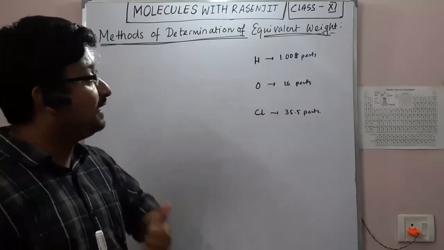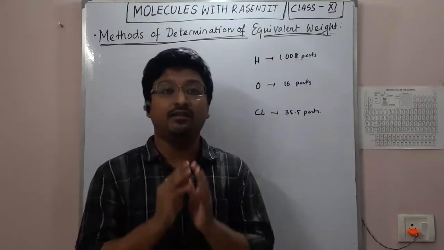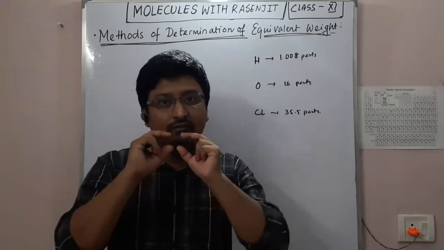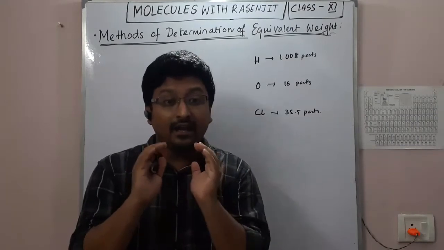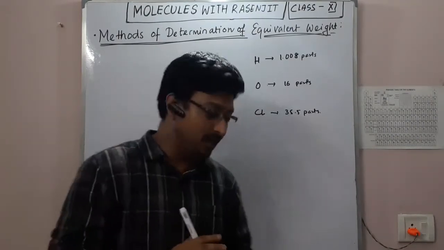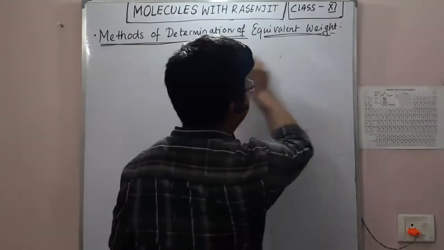But in this lecture, I will not discuss all the methods in detail. What I will discuss is the concept of each method. I will give you one example with it, and I will give you the working formula of that method. So now, one by one, I will discuss these methods.